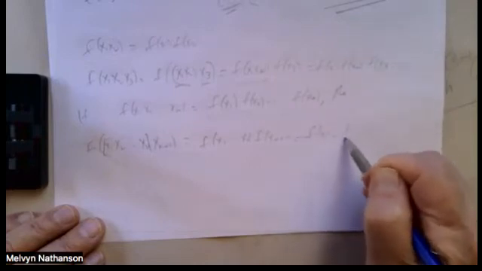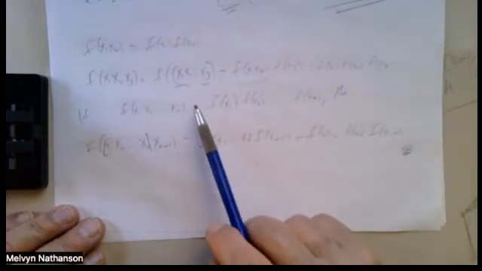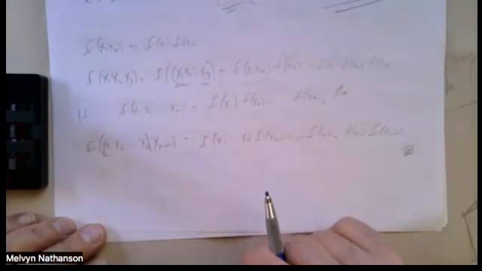And this is f of x1 up to f of xn times f of xn plus 1. So if the statement is true for n, it's true for n plus 1, and by induction, it's true for all n. Okay, any questions about this?